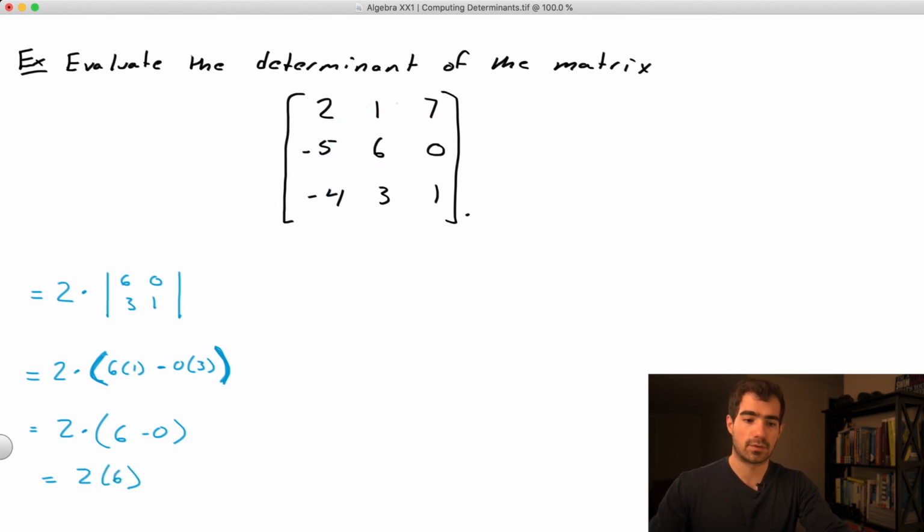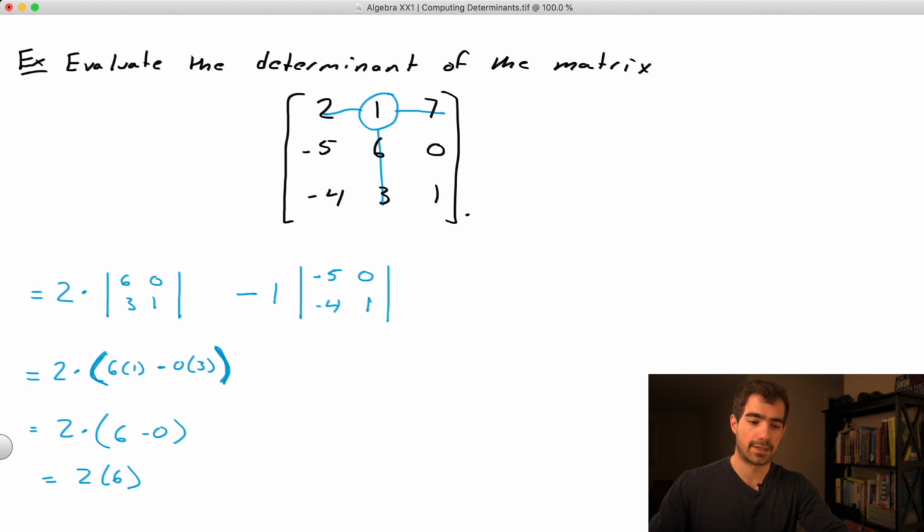Next, we'll want to move to our second point here, 1. And again, we can say minus in this case, since it's the middle term and we're going to subtract the middle term, but minus 1 times the determinant formed when we cancel out everything in the same column and everything in the same row as 1, leaving us with the matrix -5, 0, -4, and 1.